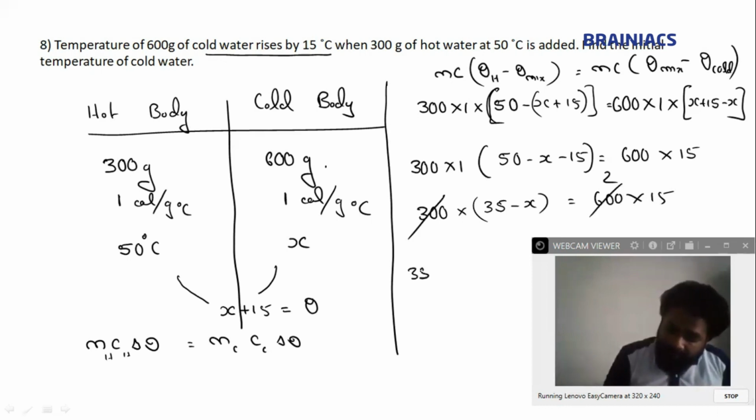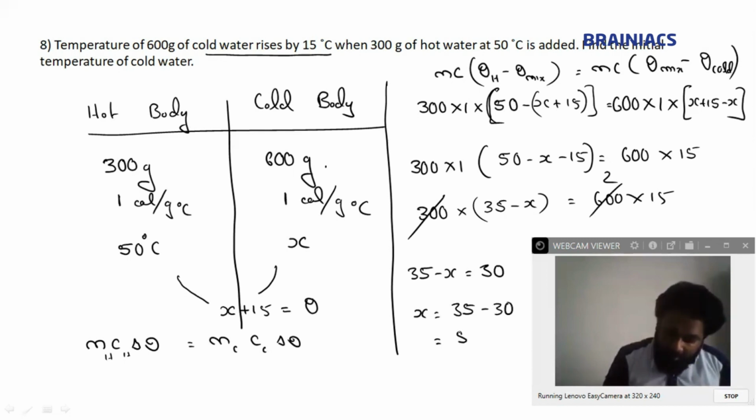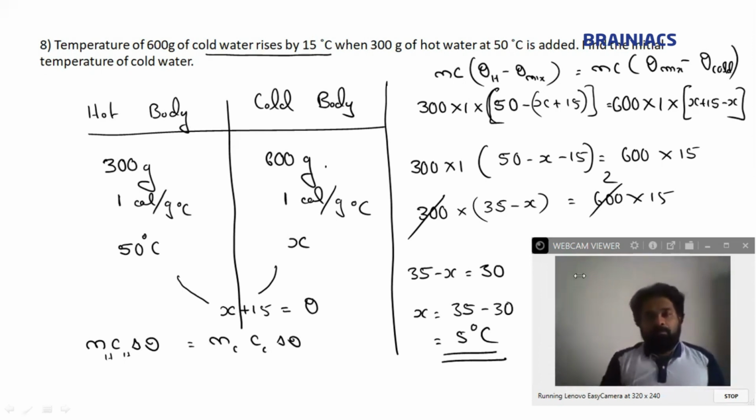So 35 minus X is equal to 30, and X is equal to 35 minus 30. This will become 5 degrees Celsius. This is the answer for this question. Clear? So this is the mixture, but here they are asking the initial temperature of cold water. Is it clear?